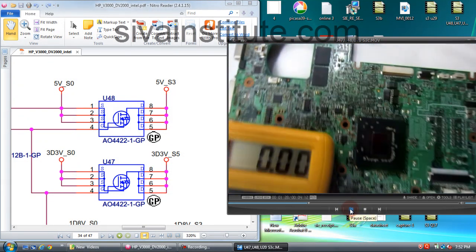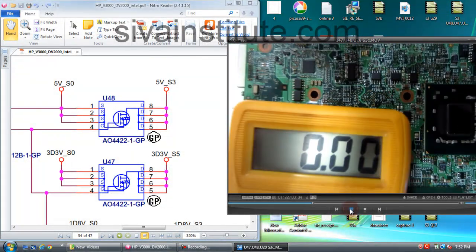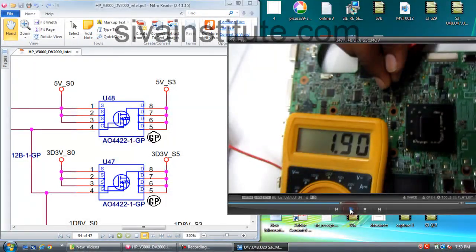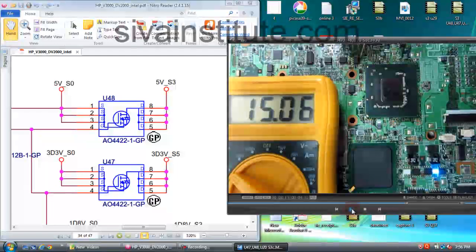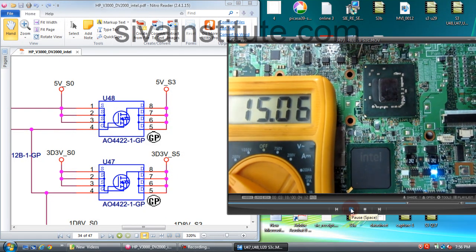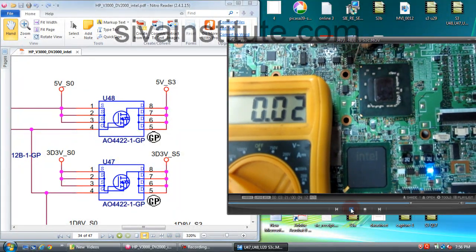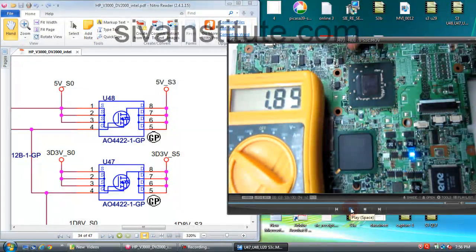Gate voltage is okay. You will see at U20: input 1.9, that means 1.8 volts is okay. Gate voltage 15 volts is okay. Output voltage is okay.